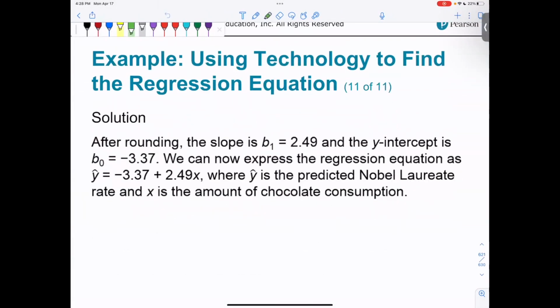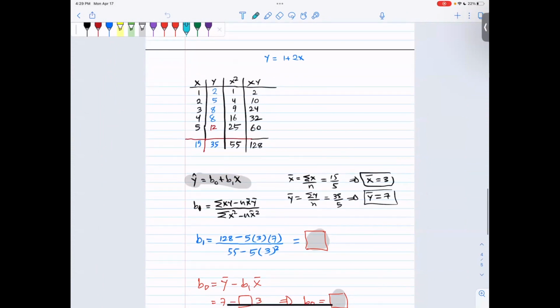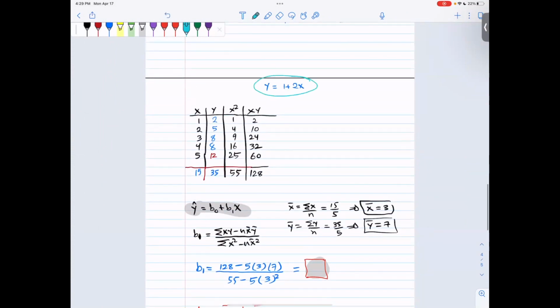So if we did so for the first example we did, we'll find this function: y hat equals negative 3.37 plus 2.49x. So we did say as x increases by 1, y will increase by 2.49. Look at this example here. If we find this function, as x increases by 1, then y will increase by 2.